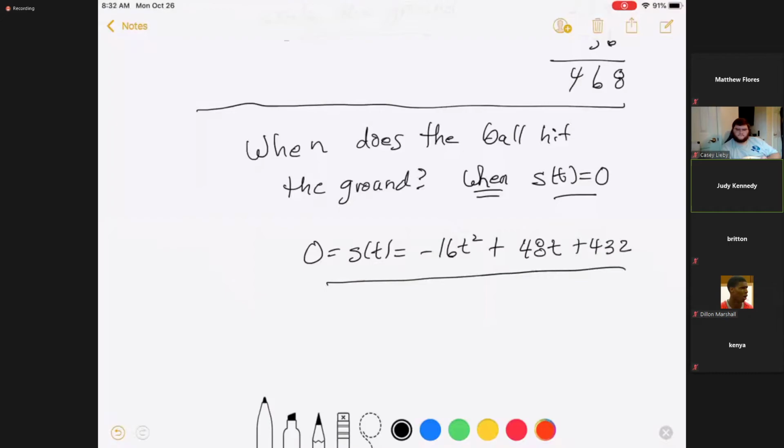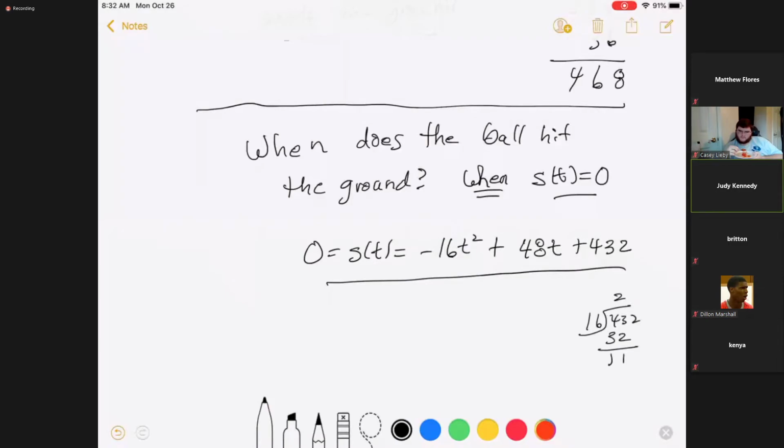You can always use the quadratic equation to solve a quadratic equation. The quadratic formula, excuse me, quadratic formula. But let's see, I can see if I can clean it up some first. I think I can factor a 16 out of this. Make sure it's a factor of 432. Goes twice.